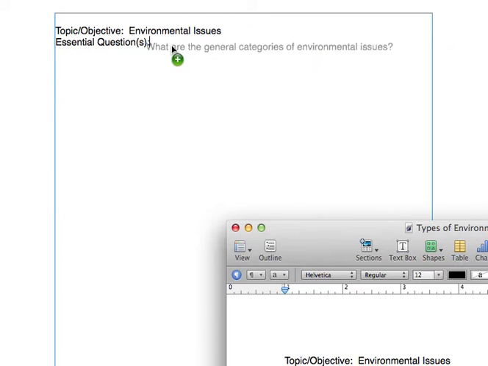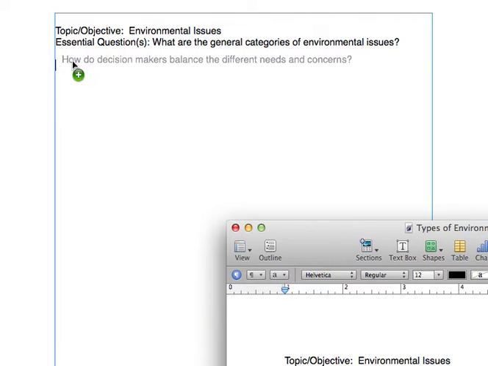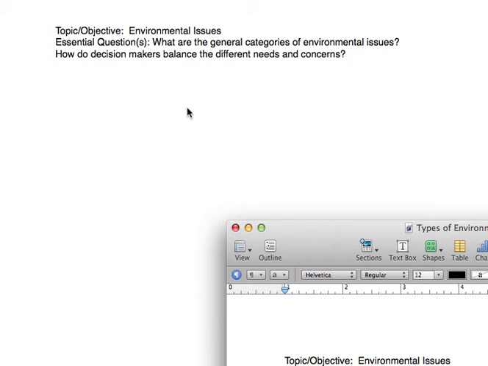Because they can fall into more than one category. And number two, how do decision makers balance the different needs and concerns? When you have an environmental issue that you want to take care of, how do the people who make the decisions balance what people need and what costs and benefits might be involved in those environmental issues?